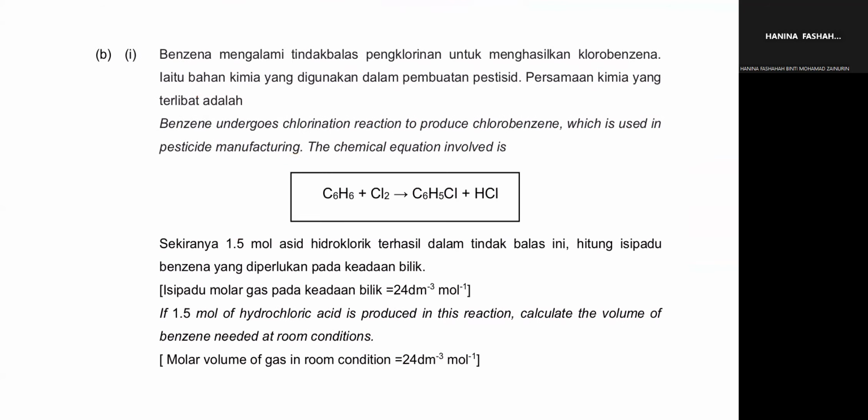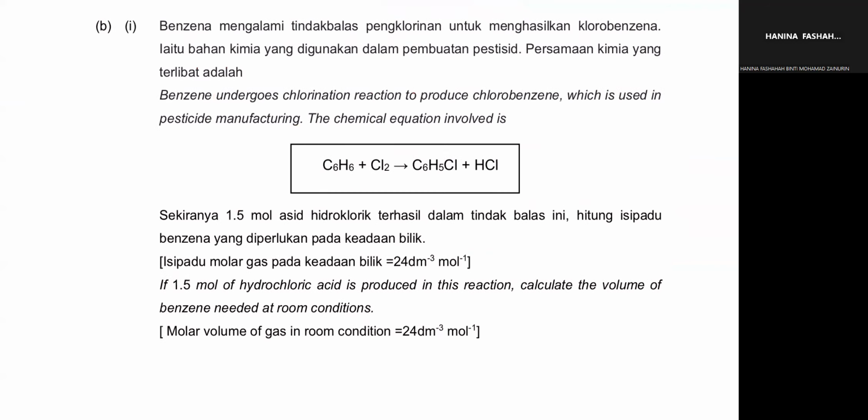This is a simple calculation. They given already. So this is the equation. 1.5 mole of hydrochloric acid produced. Calculate the volume of benzene. So basically, first of all, you have to know the ratio.